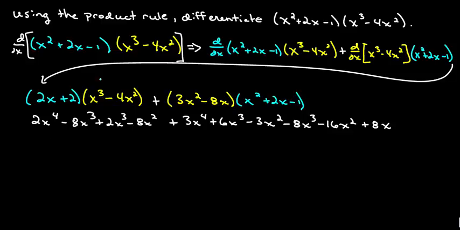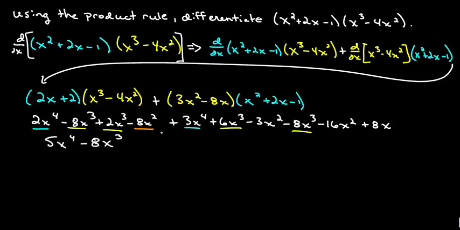So let's check the terms to the fourth power. It looks like I've got 5 of those. Now the terms to the third power: I've got -8, -8, and +8, which gives me just -8x to the third.